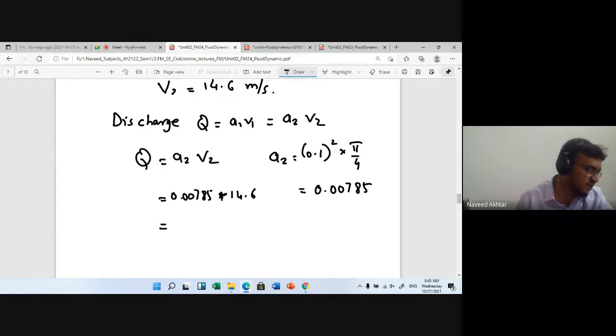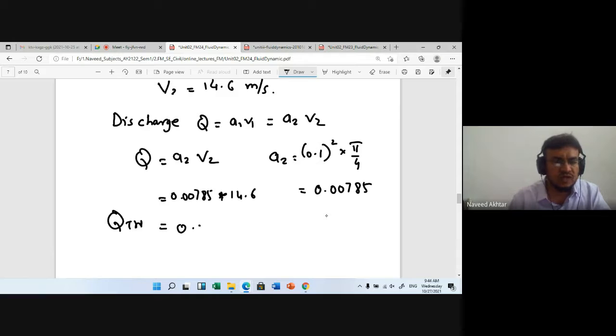Solving 0.0785 into 14.6, the critical discharge, Q theoretical, will be 0.11461 meter cube per second.